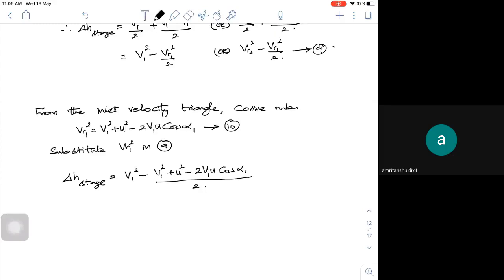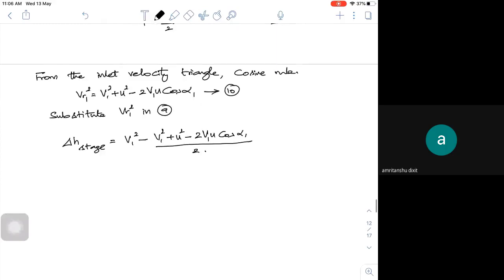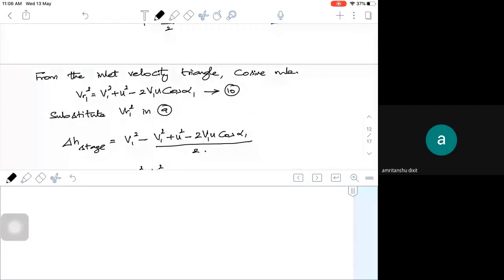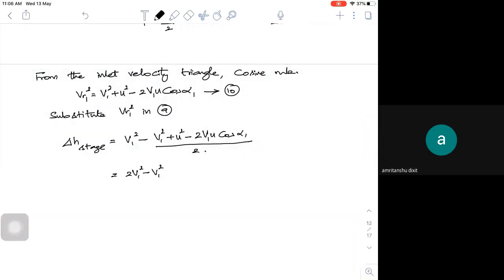I can simplify this. With 2 as the common factor, this will become 2 V1 square minus V1 square, and minus into minus, this will become plus.